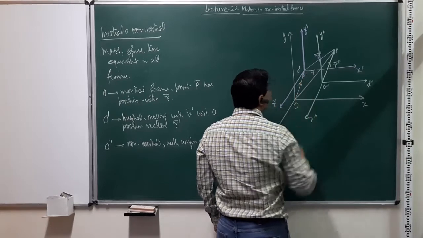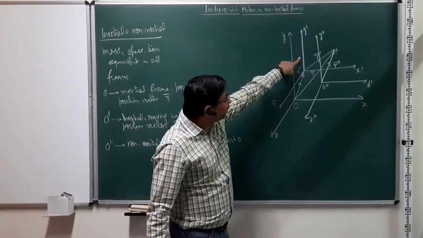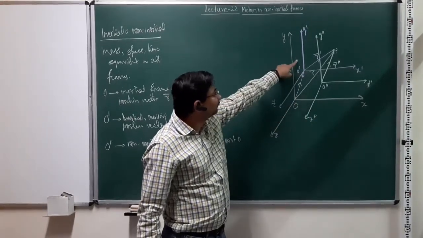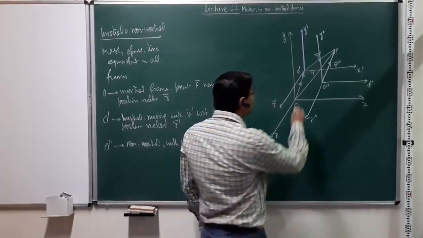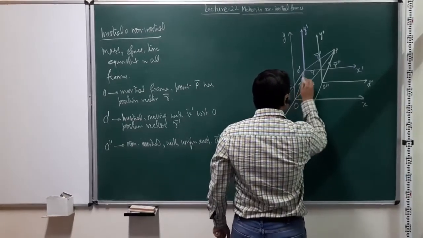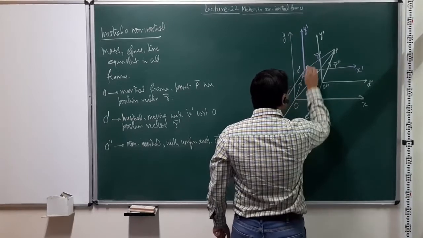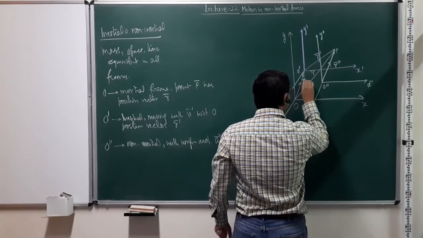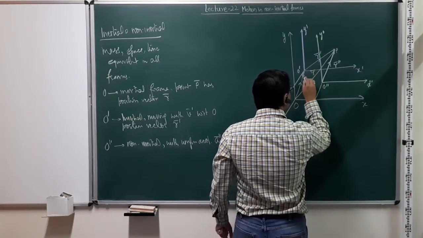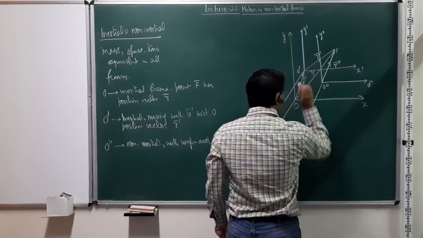One is that frame O prime is moving with constant velocity with respect to frame O, right? So let's call its position vector at any given instance from O to O prime, let me call it capital R prime.